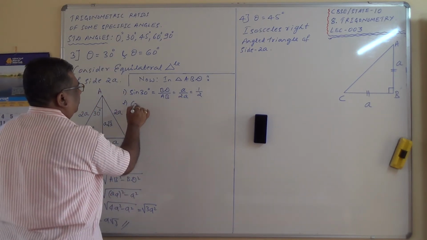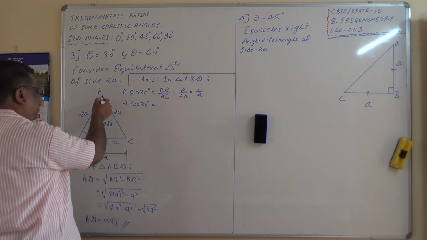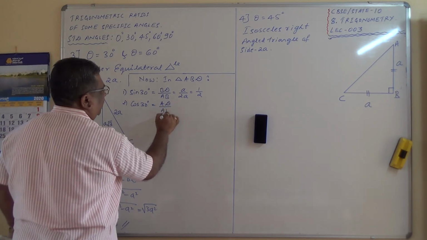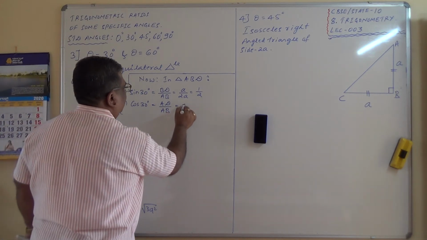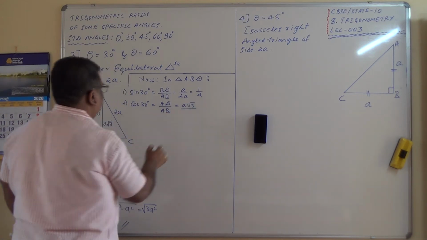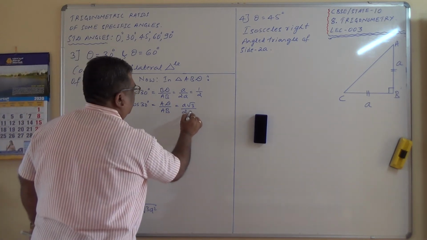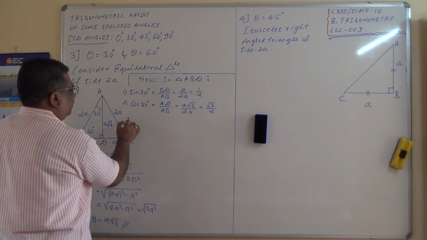Second one, cos 30 degrees equals AD by AB. AD is A root 3, AD divided by AB is 2A, which is root 3 by 2.